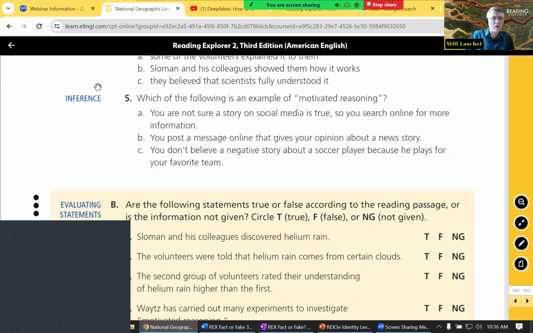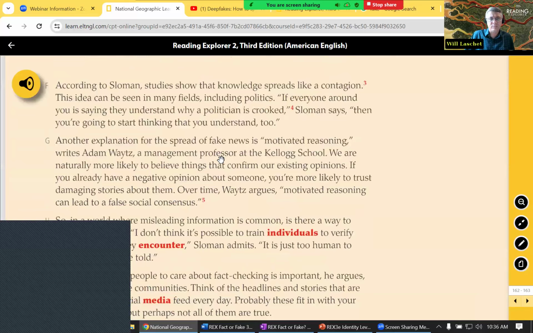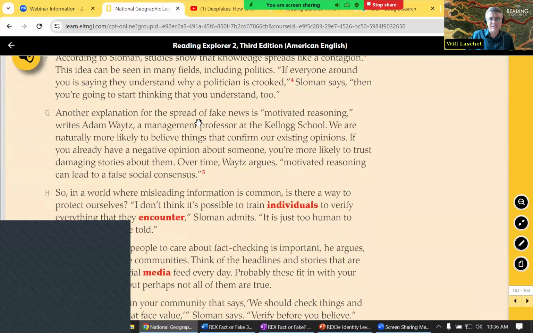Okay, so let's go and look at motivated reasoning. That's the key word. Let's find it in the text and read what it says. So here's motivated reasoning in G. And it talks about here you're naturally more likely to believe things that confirm our existing opinions. Now, here's the example. If you already have a negative opinion about someone, you're more likely to trust damaging stories about them.